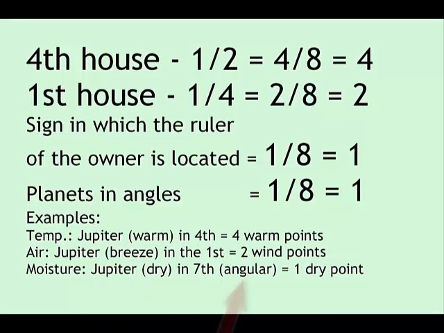If Jupiter were located in an angular house, such as the 7th, in a moisture chart, Jupiter being a dry planet would receive 1 dry point. And I will keep track of the points and post them after we finish each chart.